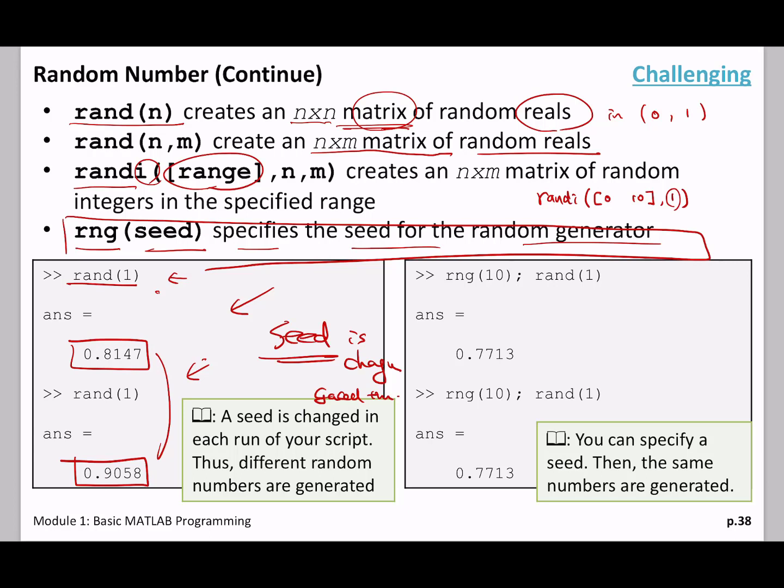This rng seed is a specified seed for a random table. If you run this, you read the seed-10 random table, then you generate the number, run it again, and you will get the same number. This is how random numbers work.